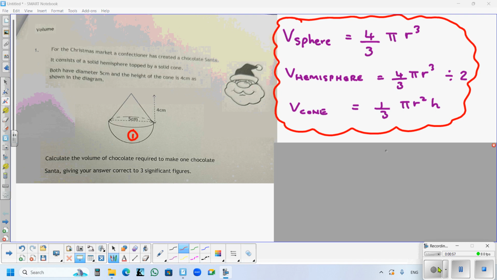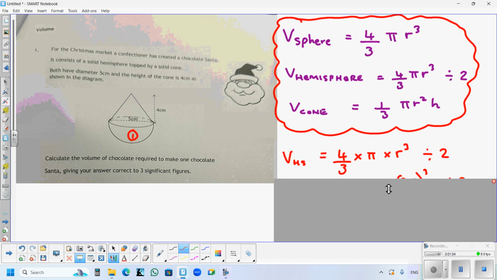Now, we're going to start off and we're going to work out the volume of that hemisphere, and I've labelled it just a 1. So volume of the hemisphere is 4/3 times pi times r cubed, but I've got to divide the answer by 2. Now, I'm looking here, that there is right across the hemisphere, so that's the diameter.